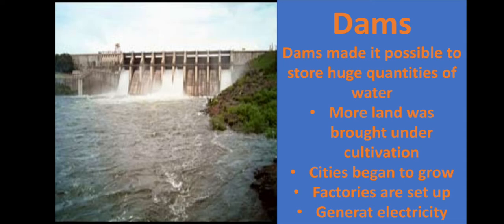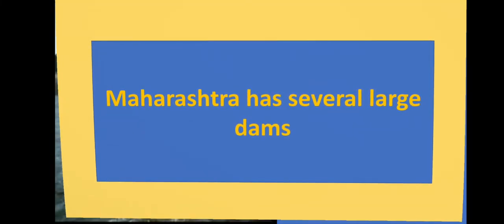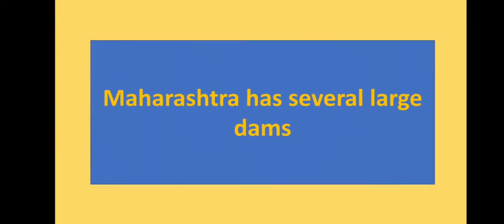Dams made it possible to store huge quantities of water. As a result, more land was brought under cultivation. Cities began to grow. It became possible to set up factories and generate electricity. Maharashtra has several large dams. Let's see which are they.